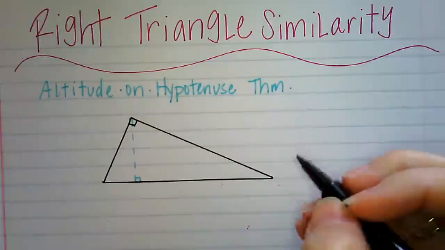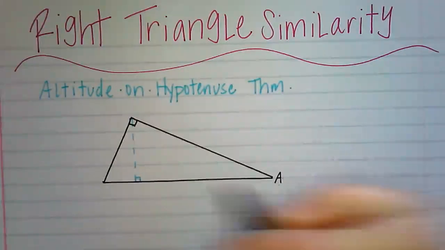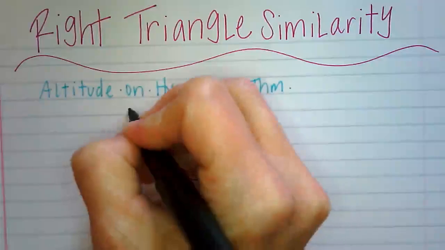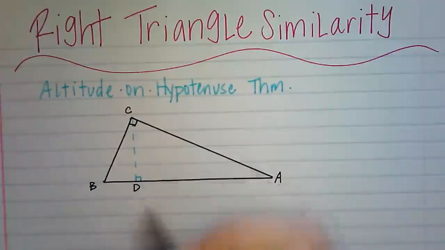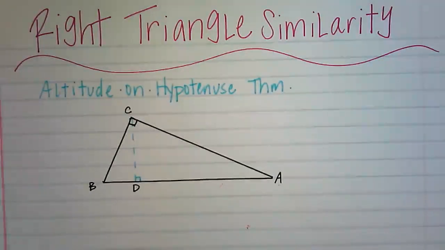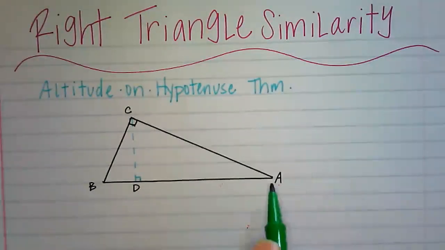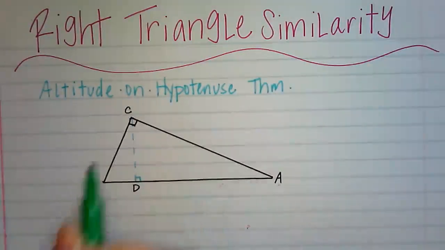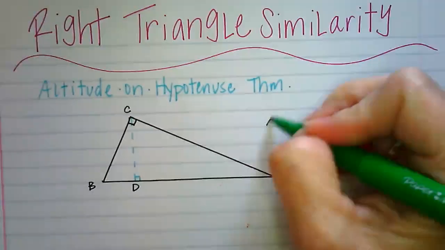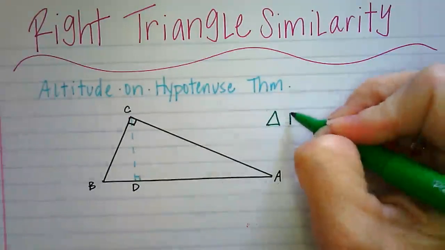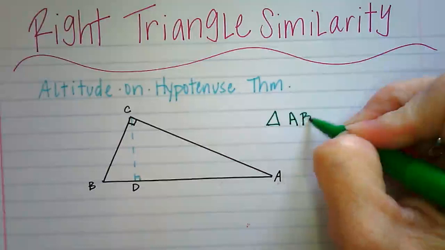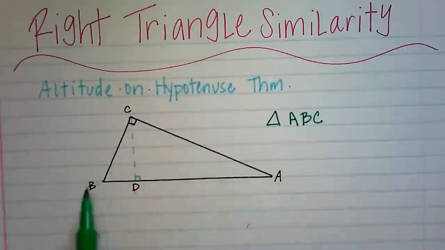Let's say this is A, B, C, and we'll call that D. So Papa Bear is triangle ABC.